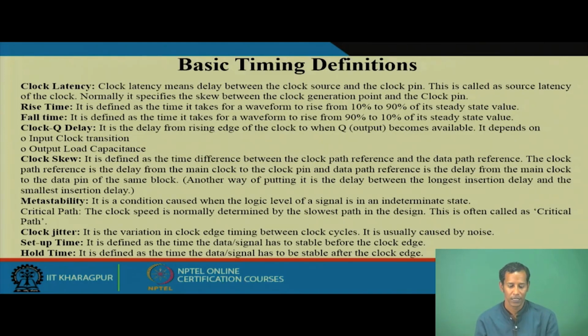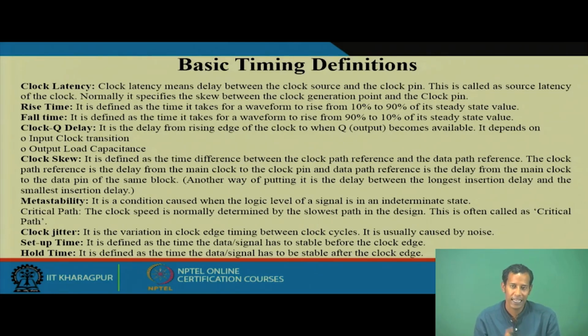Then rise time. It is defined as the time it takes for a waveform to rise from 10% to 90% of its steady state value. As we know, for any signal transition from 0 to 1 or 1 to 0, in the ideal case we consider it instantaneous, but in actual practice, when we work with real signals, it takes some time to go from 0 to 1 or 1 to 0.